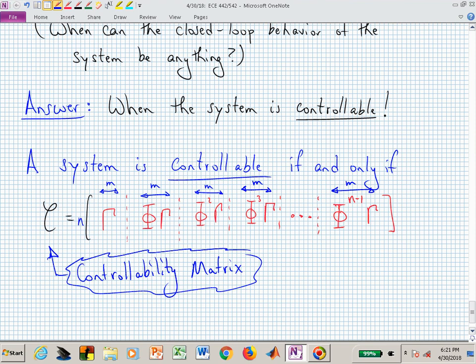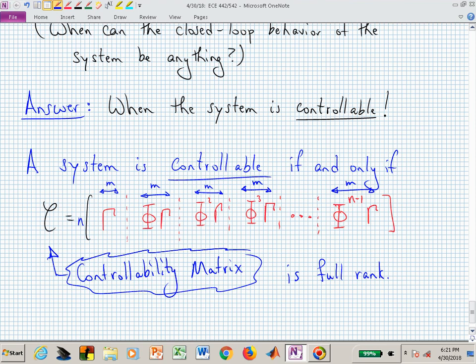And a system is controllable if and only if C, the controllability matrix, is full rank. Is it clear what we mean by full rank?